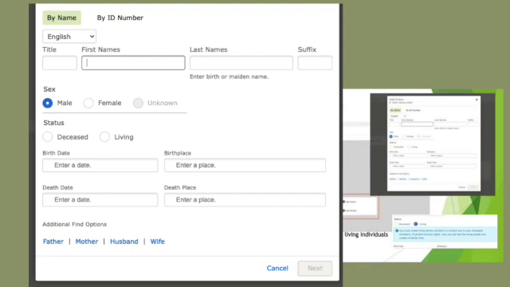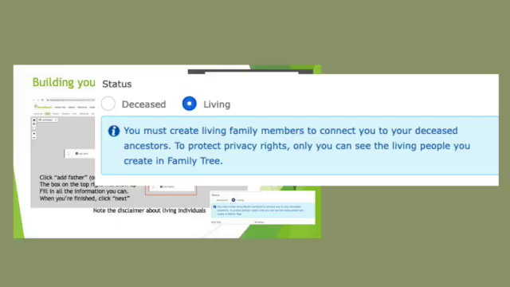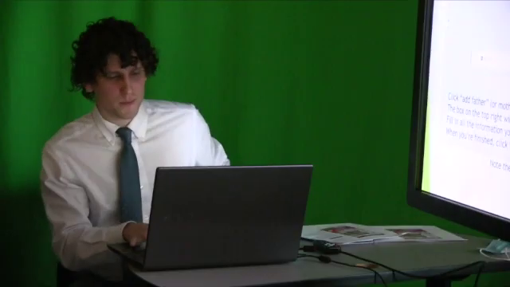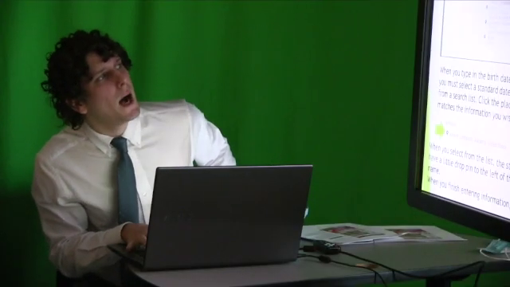Also for privacy reasons, you'll notice the little disclaimer there that it gives you about living individuals. It's easier to research someone who's deceased because the records are generally available; you need a private detective really to find someone who's still alive. Of course, genealogy is interested in people generally who are deceased, so most of the time that's not necessary.